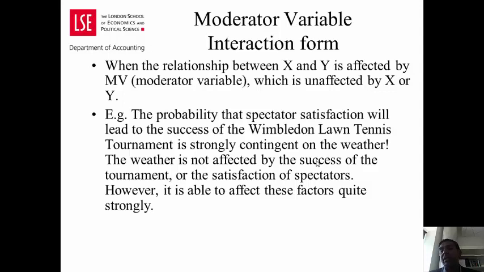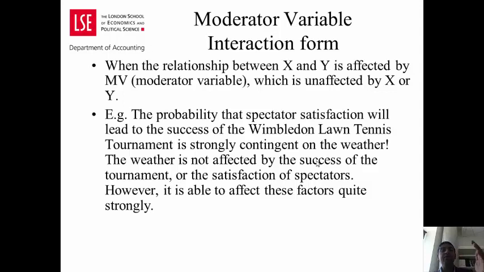The probability that spectators will be satisfied in the Wimbledon Tennis Championships, the lawn tennis tournament, is strongly contingent on the weather. So the weather will explain how satisfied perhaps a spectator is at Wimbledon.